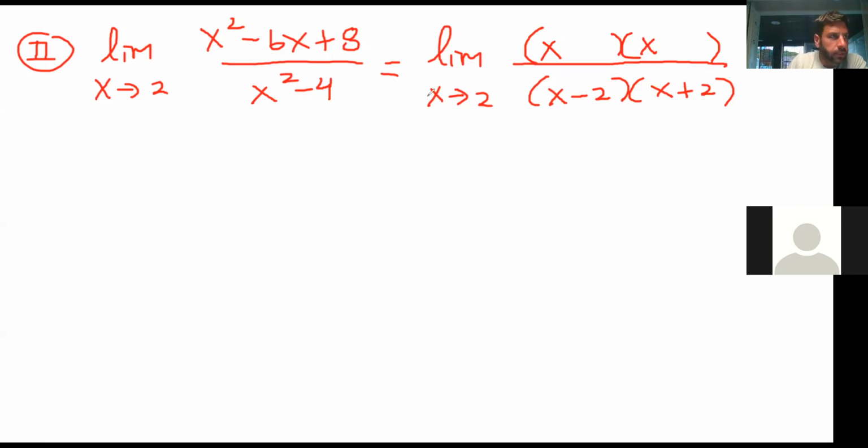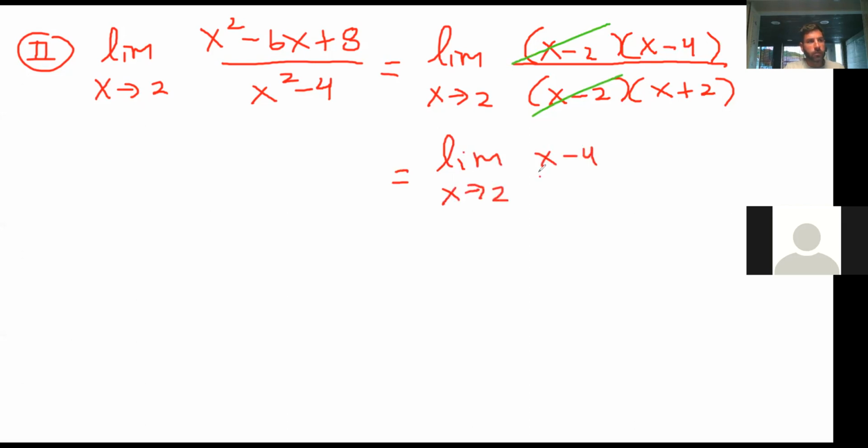What you'll recognize is the numerator factors into x minus 2 times x minus 4. And these guys cancel out. And when they cancel out, because they're common factors, we're left with this expression.